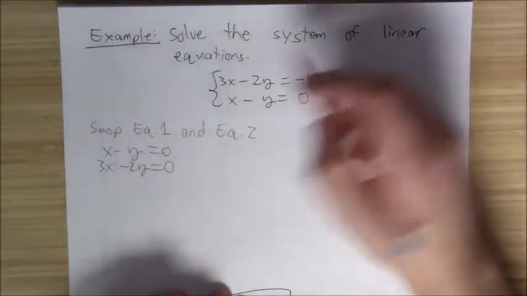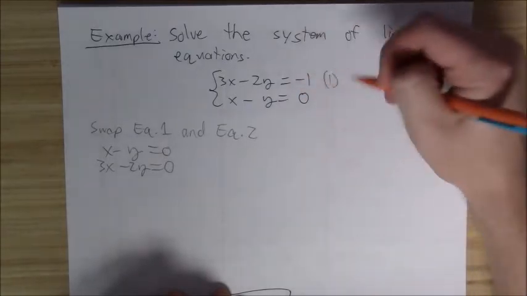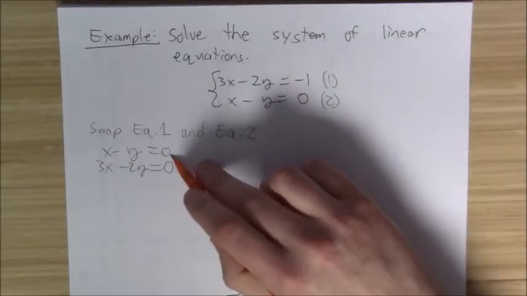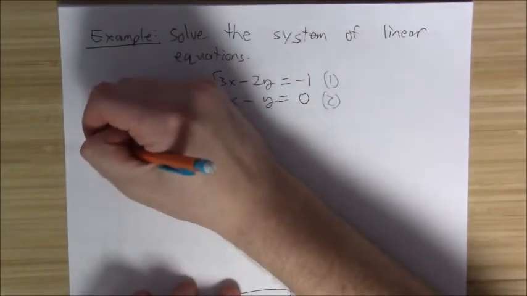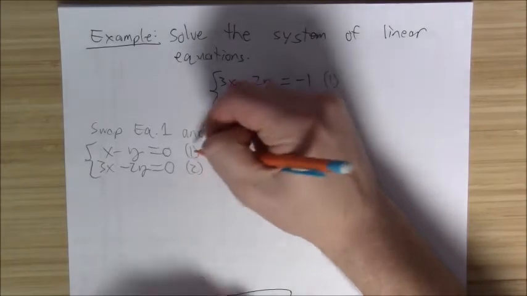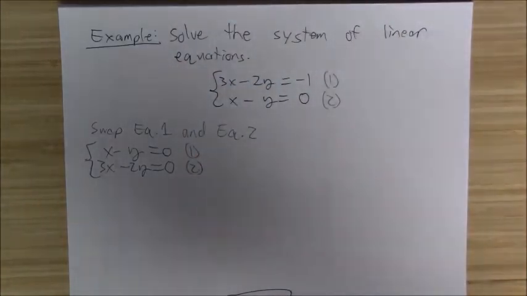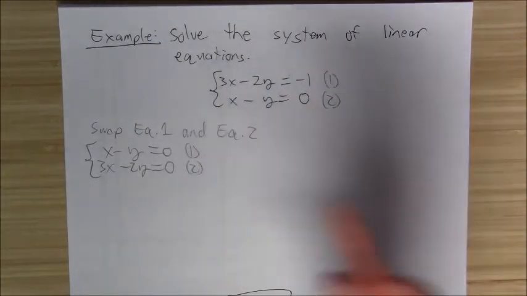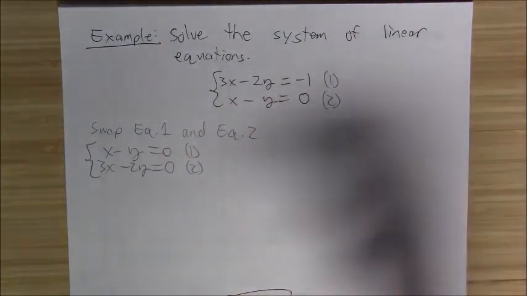When I say equation 1, I mean the top one, and equation 2 is the one below it, and throughout, I'll mean that. Whichever one's on top is the first equation. If we had 3 it'd be 1, 2, 3, and so on.